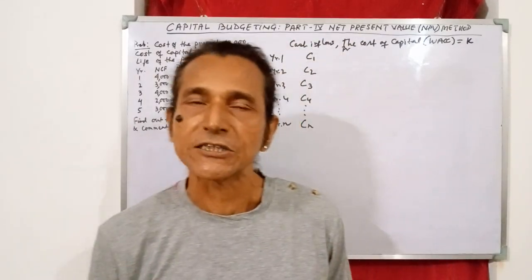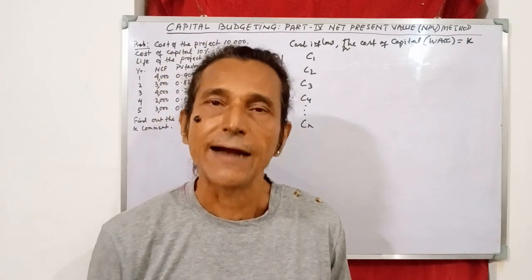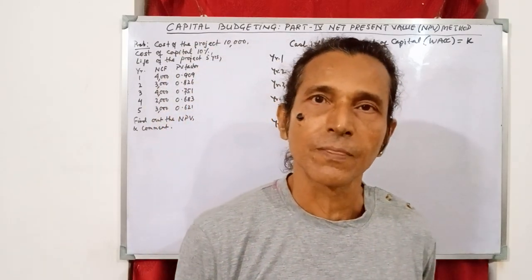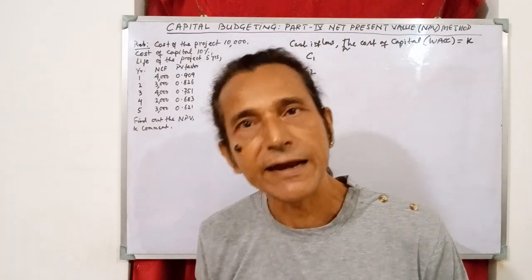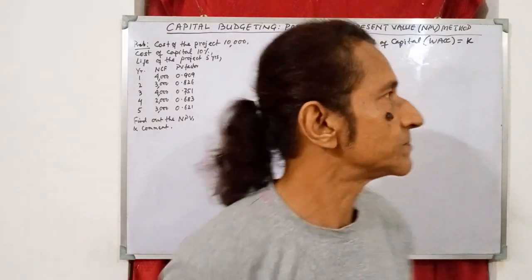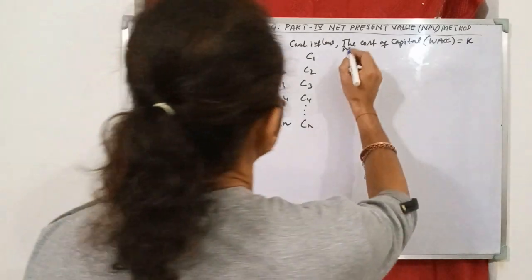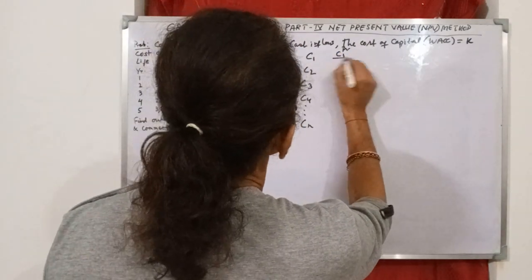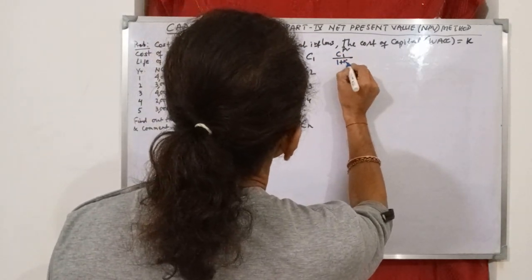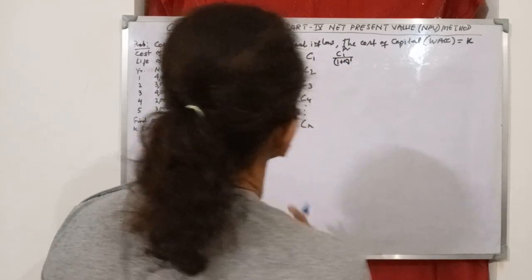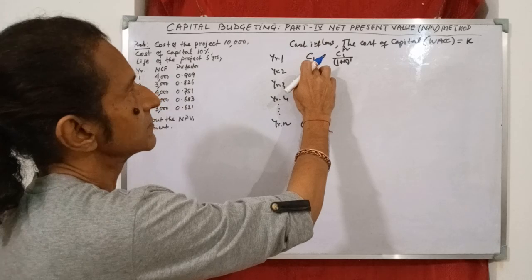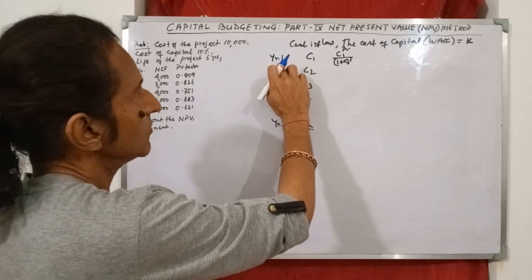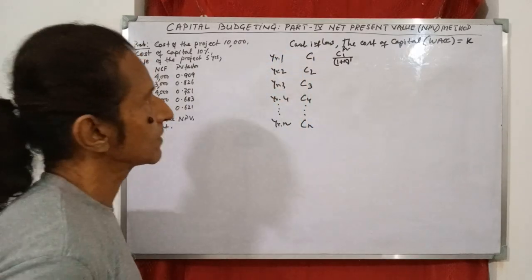Remember, cash outflow starts at the beginning of year 1, but cash inflows take place at the end of each year or each period. So present value will be C1 divided by 1 plus K to the power 1. This will be the present value of C1, that is the cash flow after the end of first year.